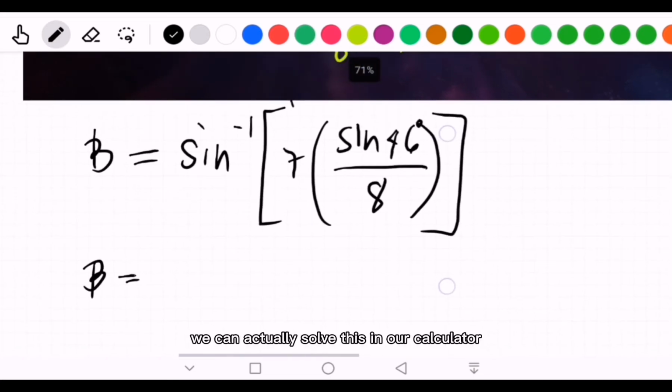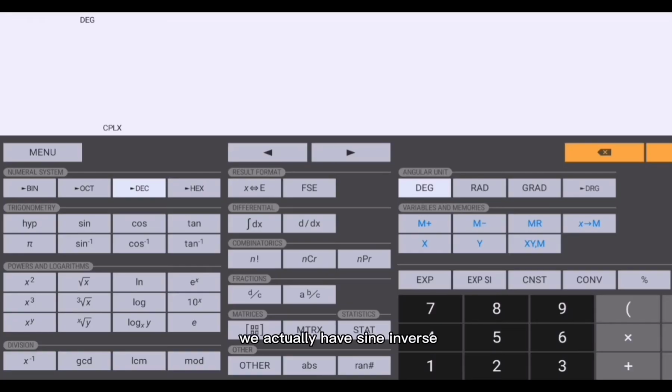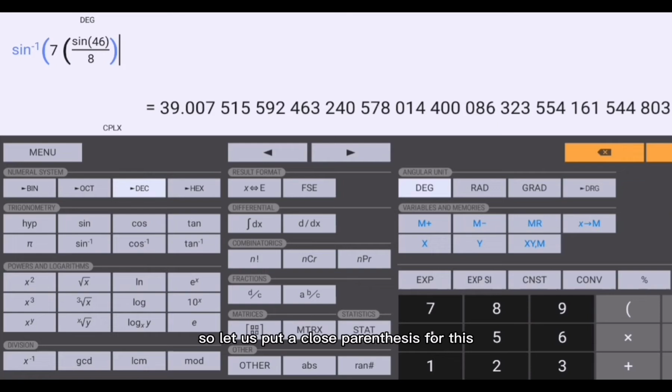We can solve this in our calculator. We have sine inverse of 7 times sine 46 degrees over 8. Let us put a close parenthesis to make sure that our answer is correct.